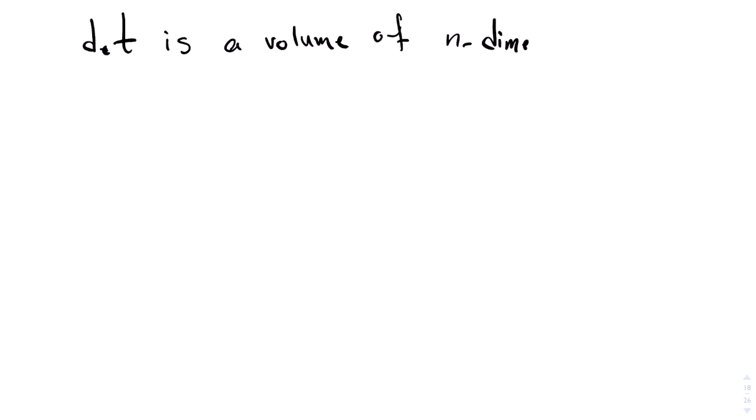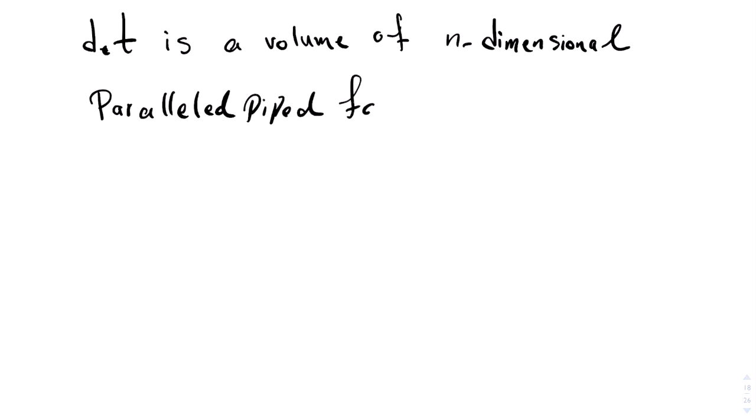Intuitively, the determinant of a matrix is the volume of the n-dimensional parallelepiped formed by the columns of A.